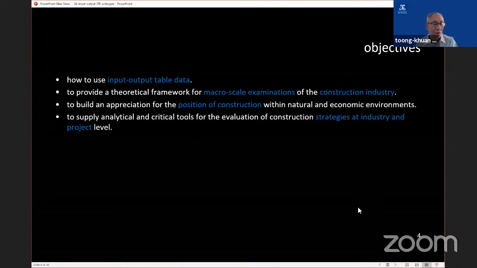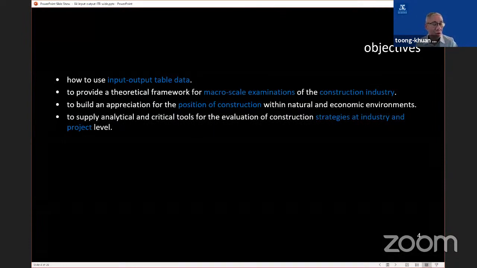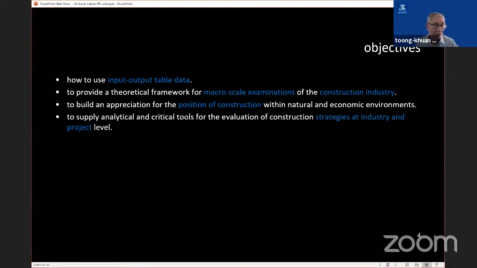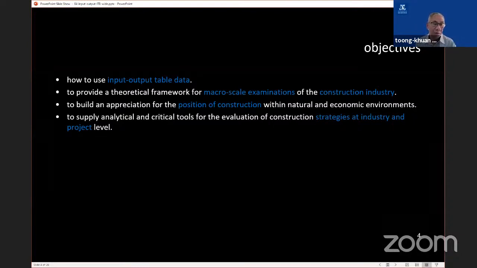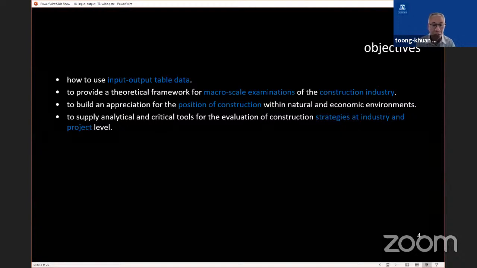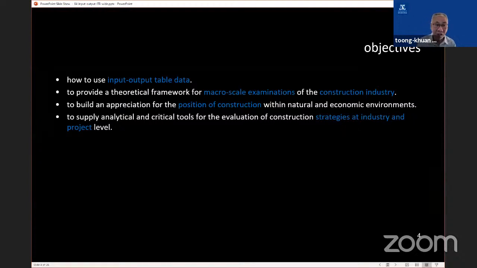So the objective of today's lecture is number one, how to use input-output tables. I'll then describe a theoretical framework for macro scale examination of the construction industry. We will appreciate how construction is placed within your national economy. So how large is construction relative to all the other sectors of the economy?